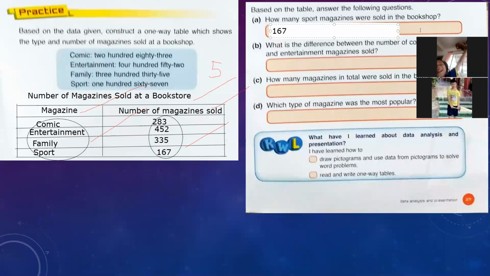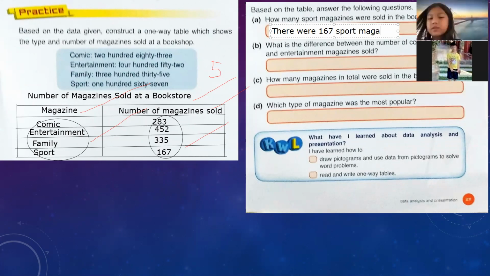There were 167 sport magazines sold in the bookshop. Okay.